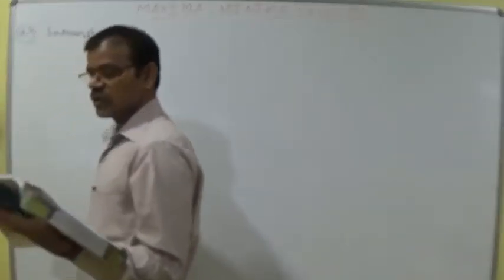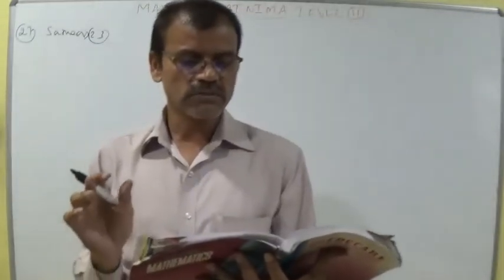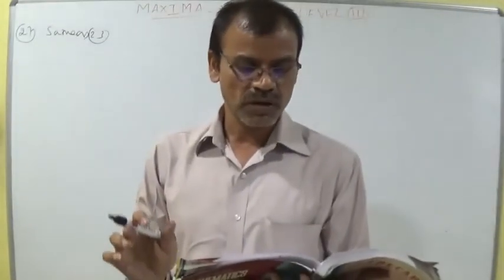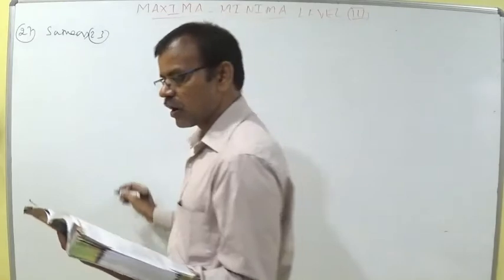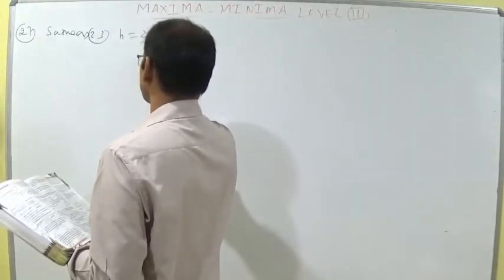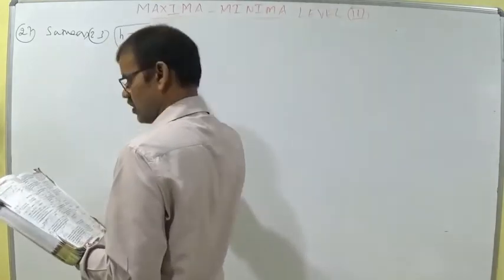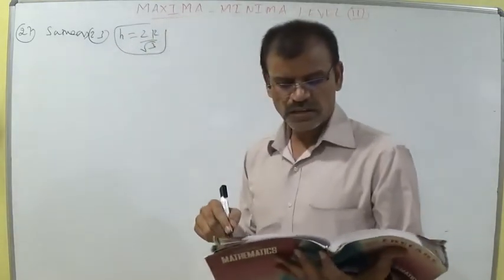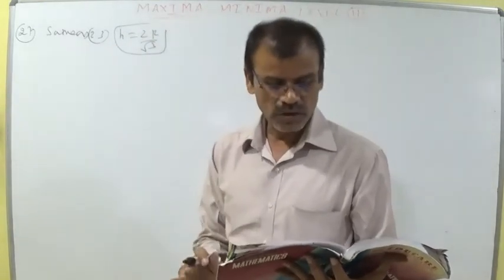Root 3 got cancelled. So 8 root 3. Yes, first option. Next, let us discuss the 28th question.